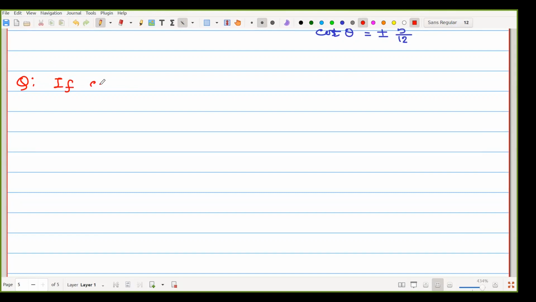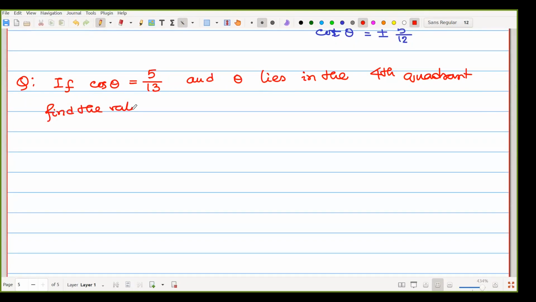If cos theta is equal to 5 by 13 and theta lies in the fourth quadrant, find the value of 2 minus 3 cot theta divided by 4 minus 9 square root of sec square theta minus 1.